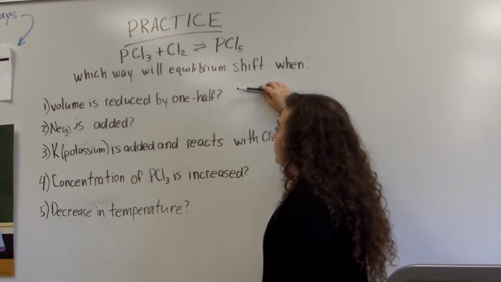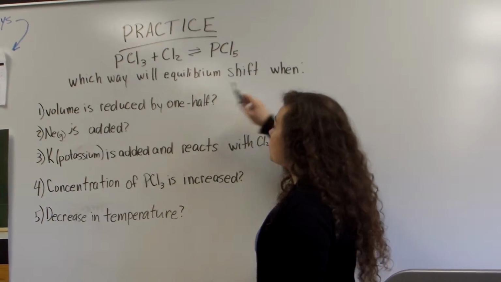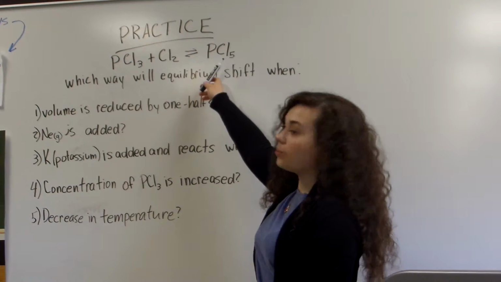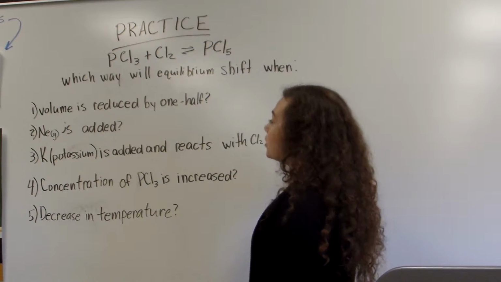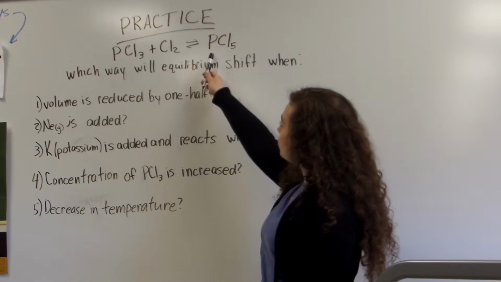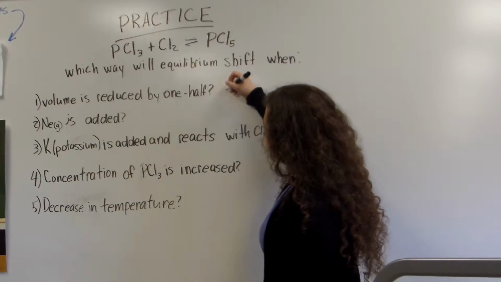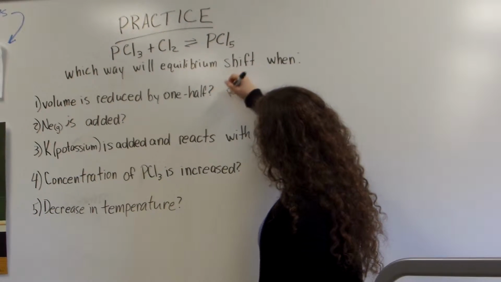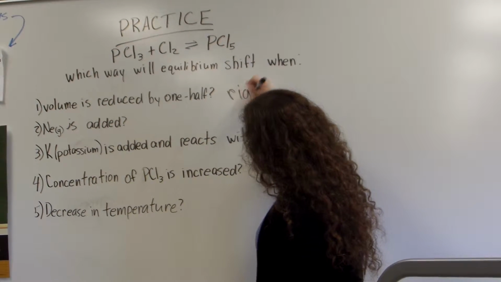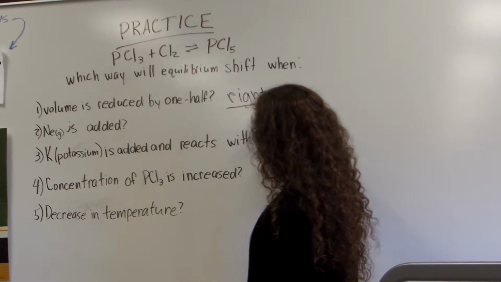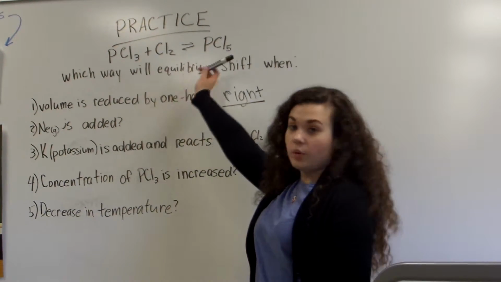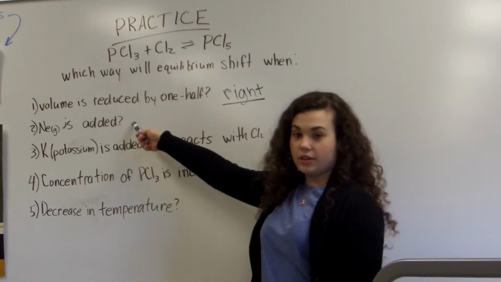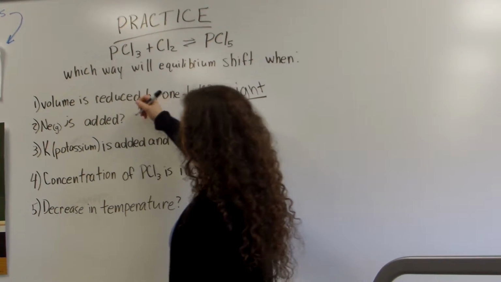So for number 1, if the volume is reduced by 1/2, the reaction will shift to the side with fewer gas moles, which in this case is the product side. Therefore, the reaction will shift right. When neon gas is added, it won't change anything because neon is an inert gas and it's not going to react with anything.